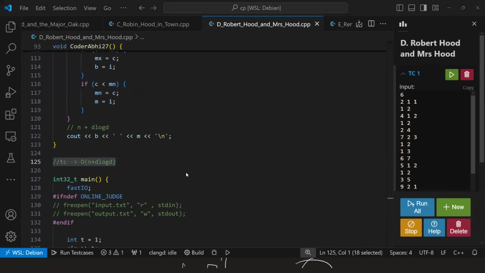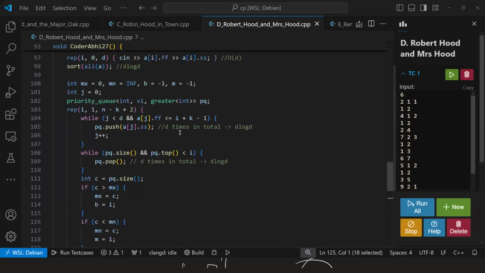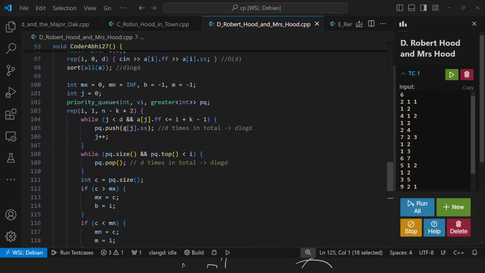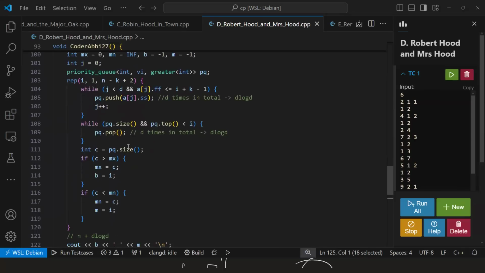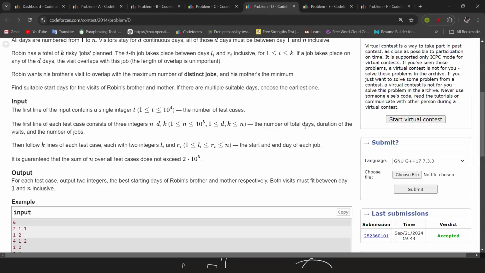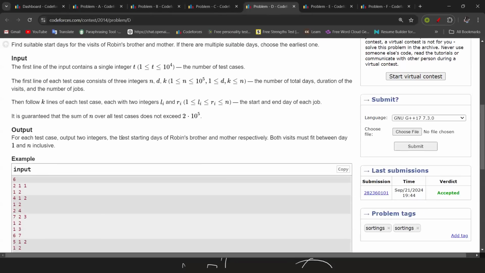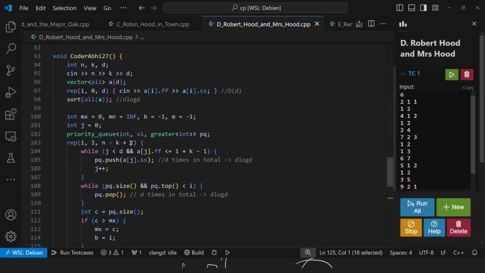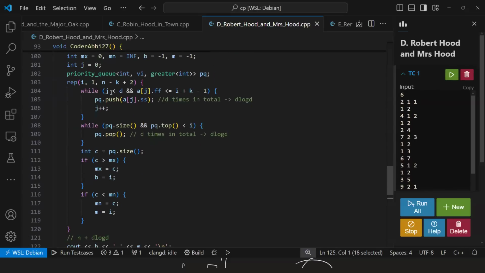How, where do we use the duration d? Which duration? So this d was the duration and k was the number of jobs. So we are using the duration here.